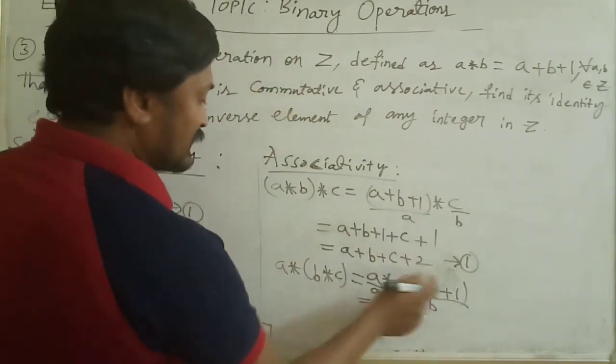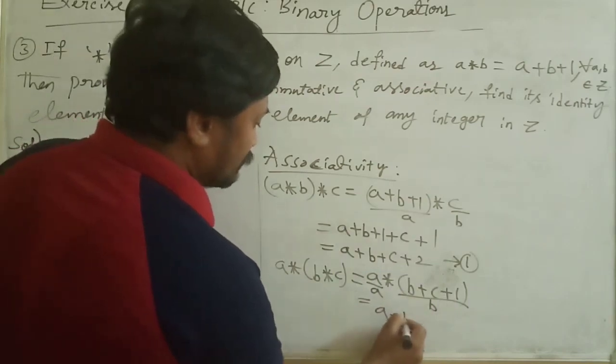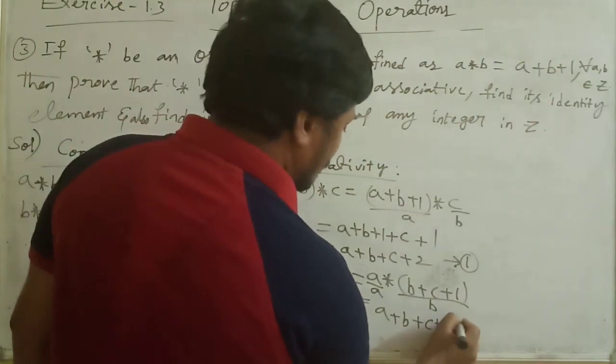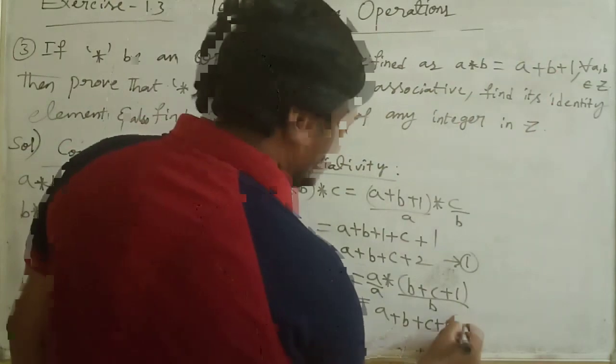Again, A star B means add both, A plus B plus C plus 1 plus 1, according to B plus C plus 1 plus 1, is 2, equation number 2.